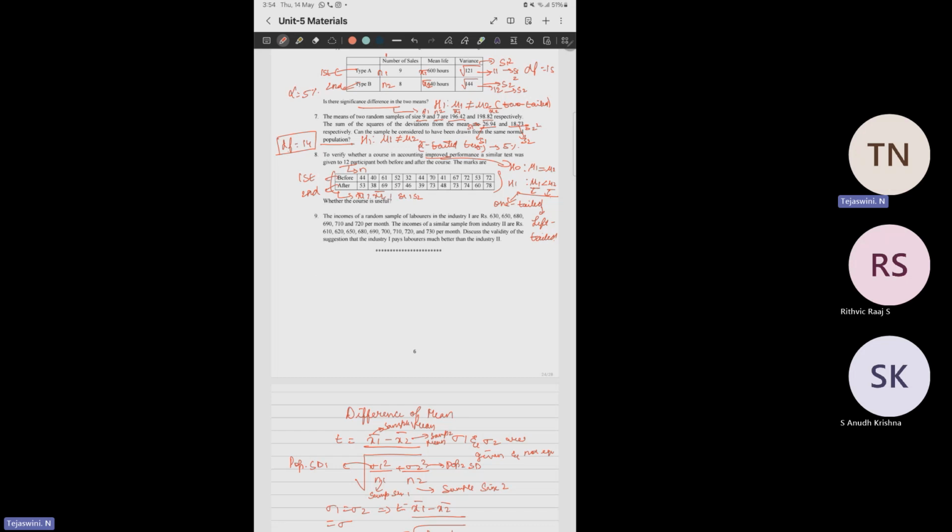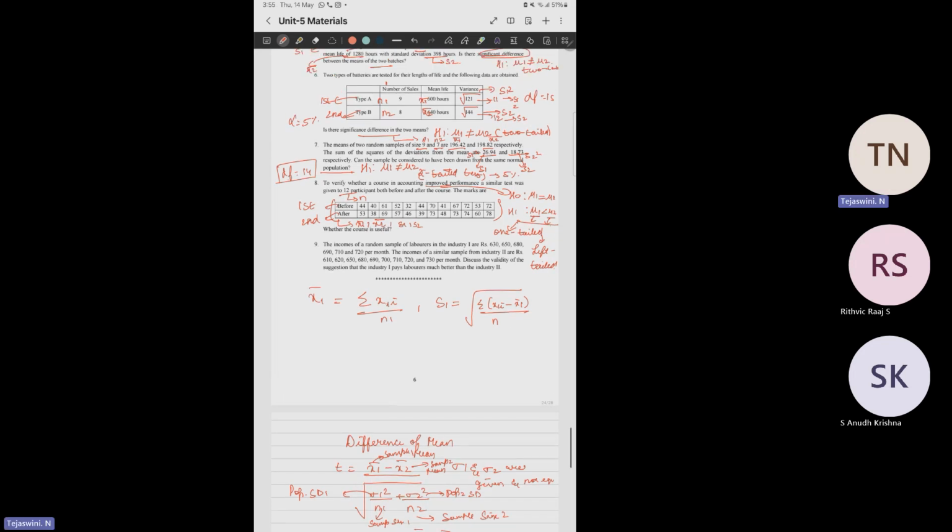How can we find this? x1 bar will be summation x1i by n1, and then s1 will be the square root of summation (x1i minus x1 bar) square by n1. From this we can find the sample standard deviation for the first set.